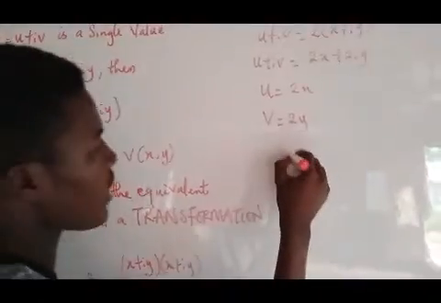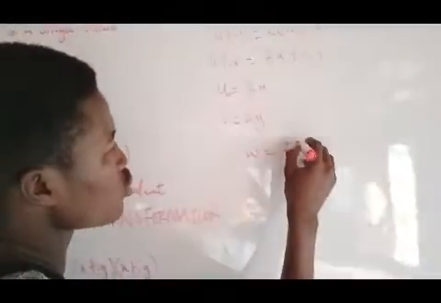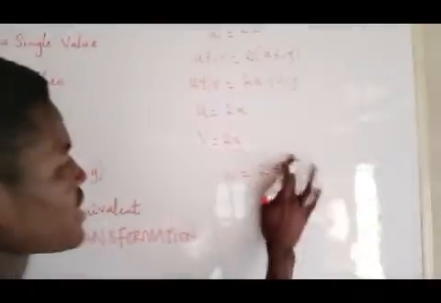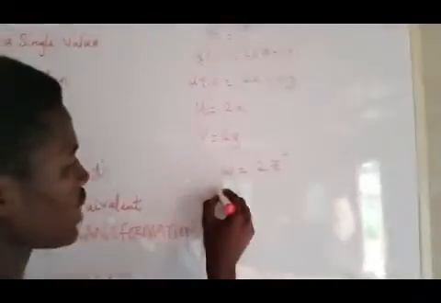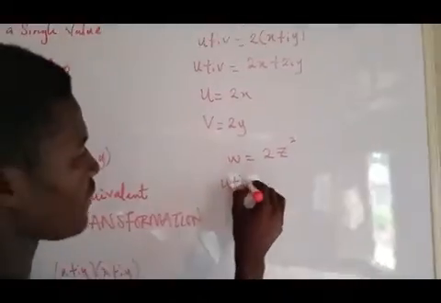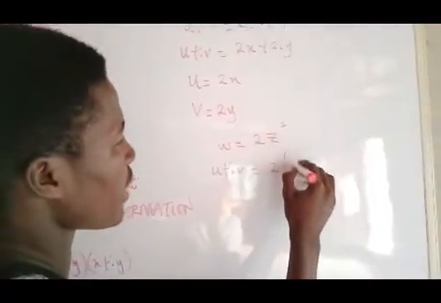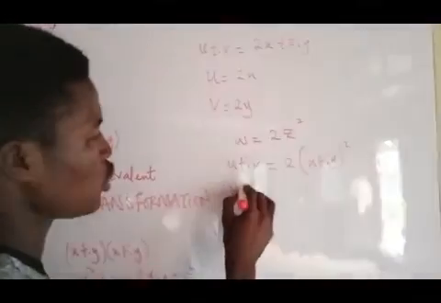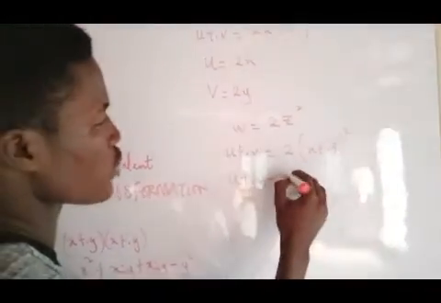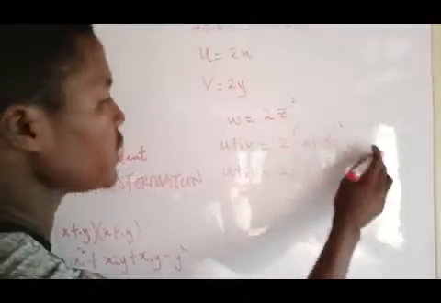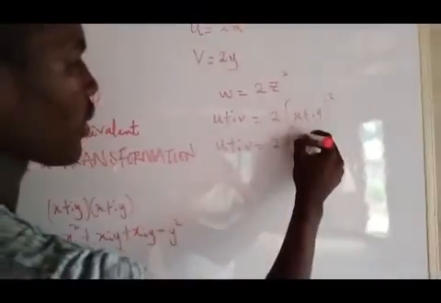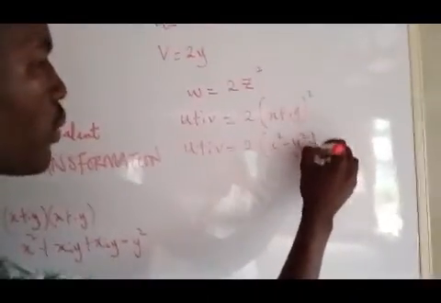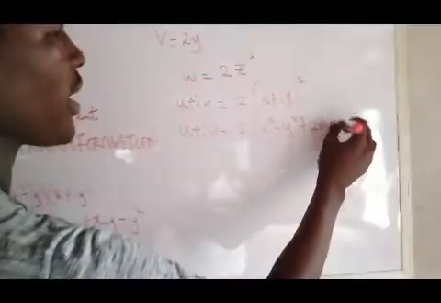So let's say we have w equals 2z squared now. How are you going to do it? So u plus iv equals 2 open bracket x plus iy squared. That will be u plus iv equals 2 open bracket, if you open this, we already opened it to be x squared minus y squared plus 2xyi.